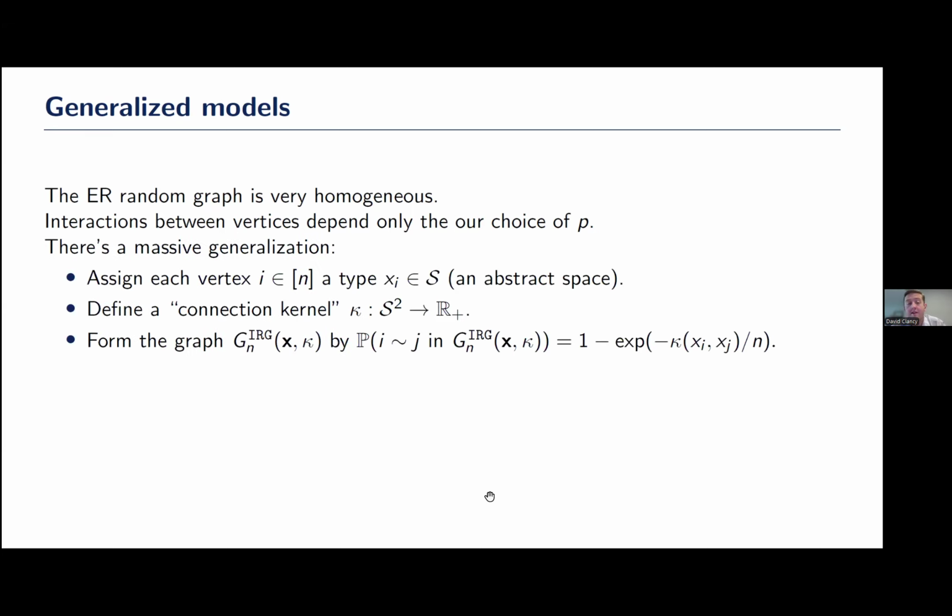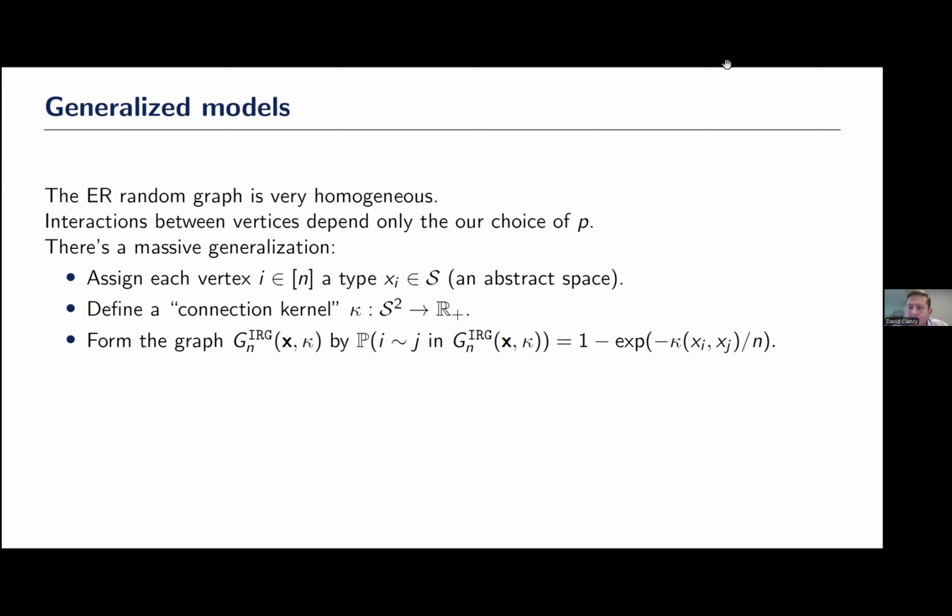There's a massive generalization of this model where we consider an abstract state space S, and then we assign each vertex an element in this state space. And then we define the probability of an edge connection according to some kernel kappa, which has to be symmetric.